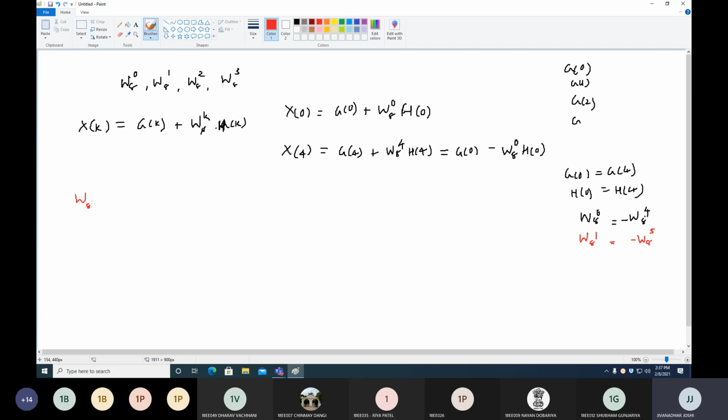W8 raised to 1 is equal to how much? e raised to minus j 2 pi by 8, raised to 1, equal to e raised to minus j pi by 4. So this is equal to cos pi by 4 minus j sin pi by 4. Tell me, how much is it?